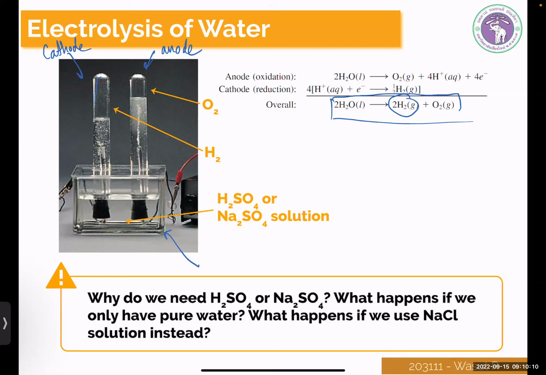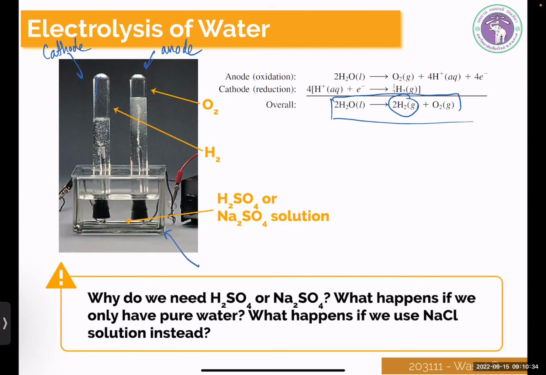Well, you may ask, can I use sodium chloride as my electrolyte? Sodium chloride also dissolves completely in water and gives me ions. Yes, they give me ions in water. But what happens when I put in sodium chloride instead of sodium sulfate? If I do that, I won't get oxygen at the anode.